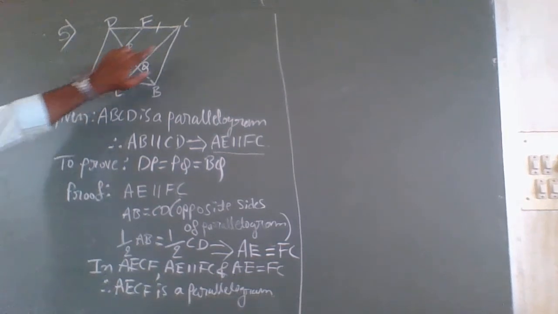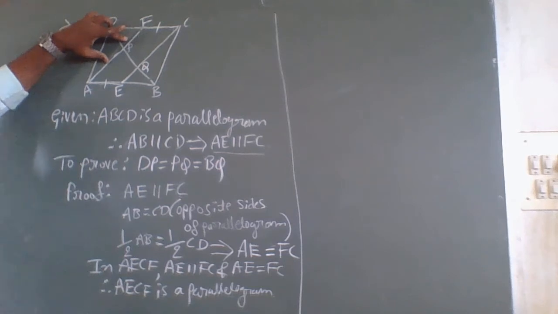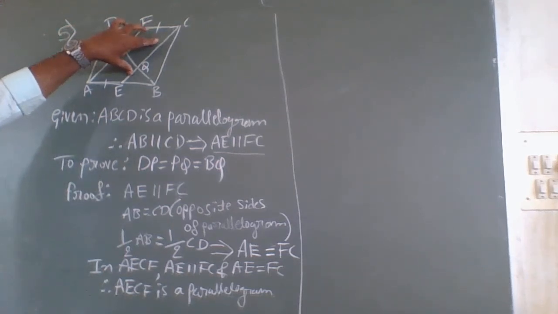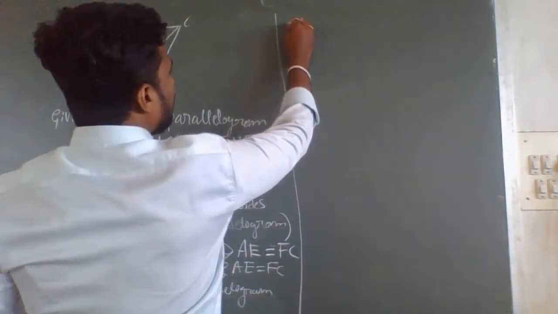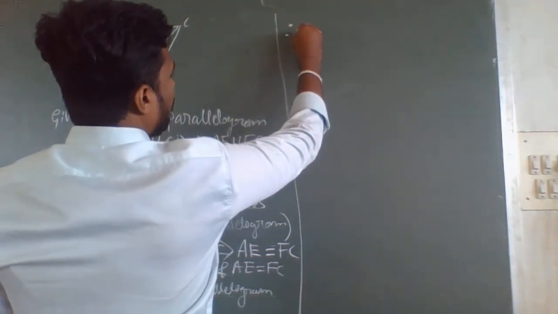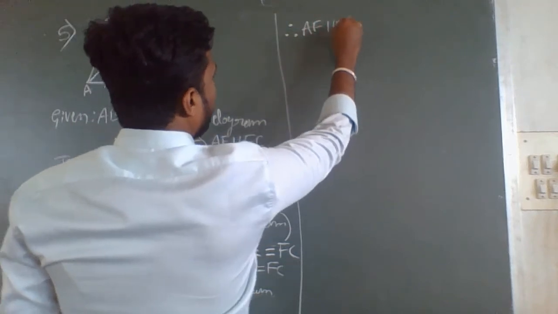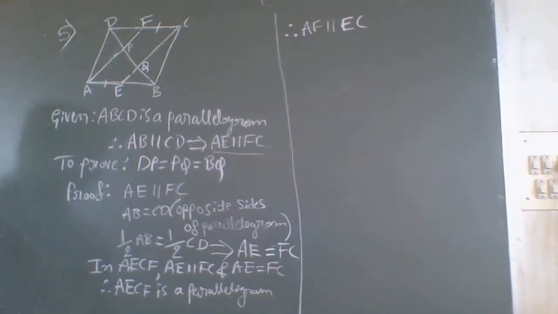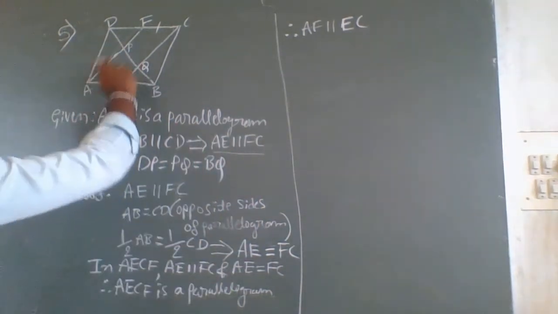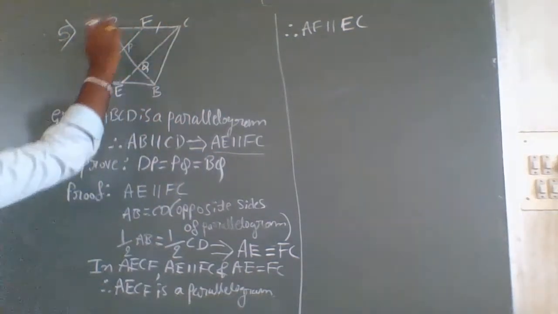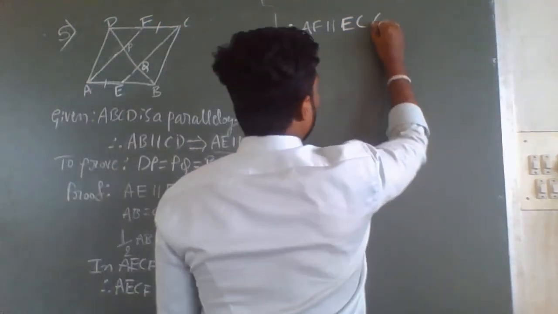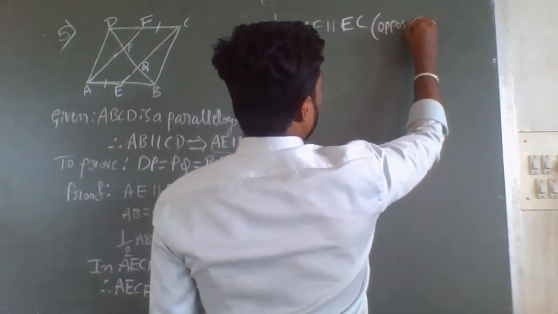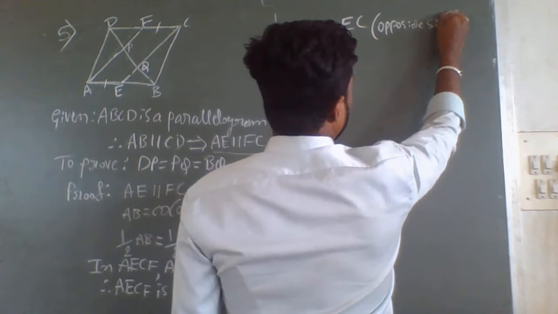If AECF is a parallelogram, AF should be parallel to EC, because these two are opposite sides of the parallelogram.